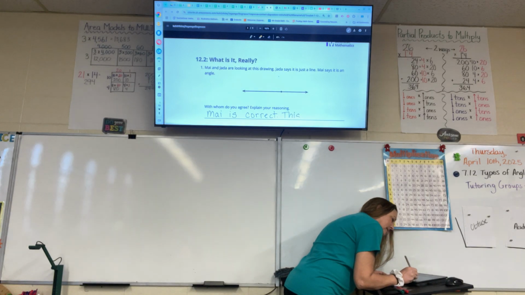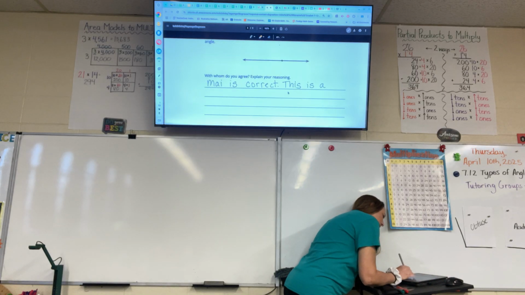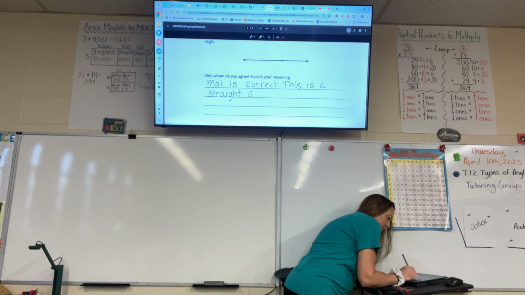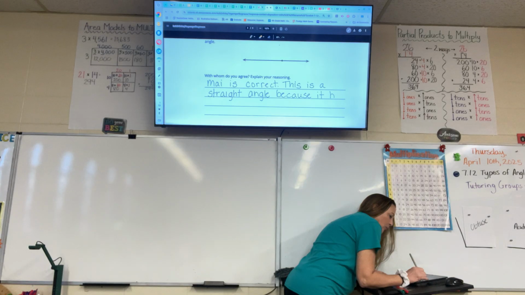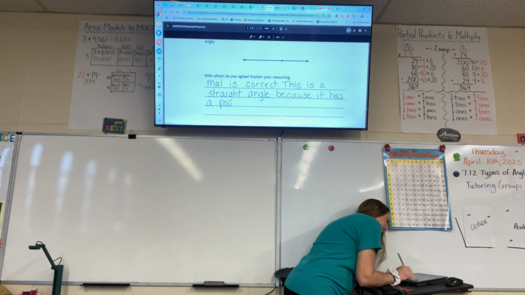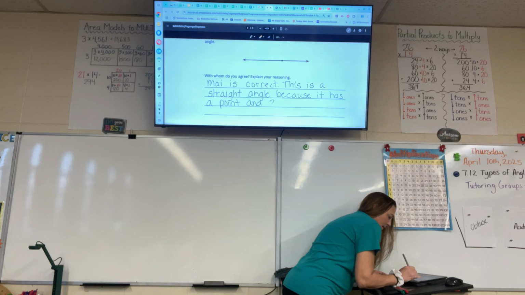This is a straight angle because it has a point and 2 rays.